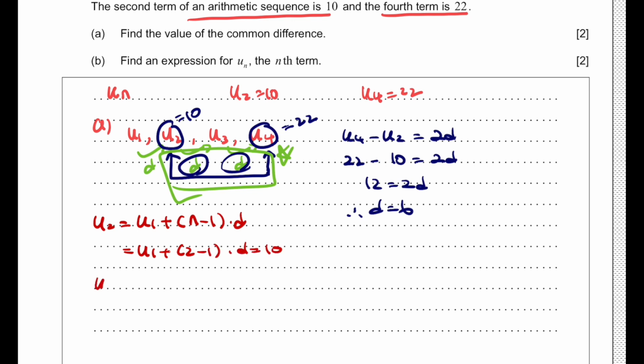And we can also say that U4 is the same as U1 plus 4 minus 1 times D, or U1 plus 3D is equal to 22, right?